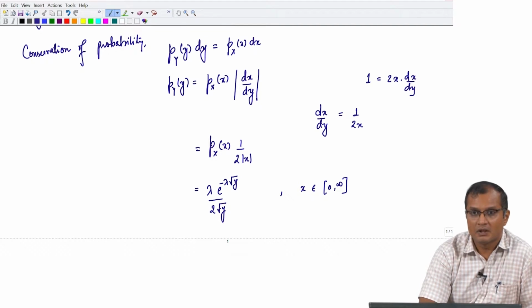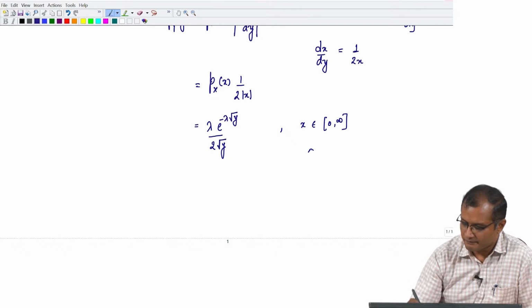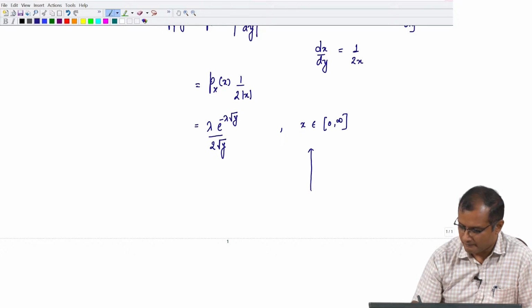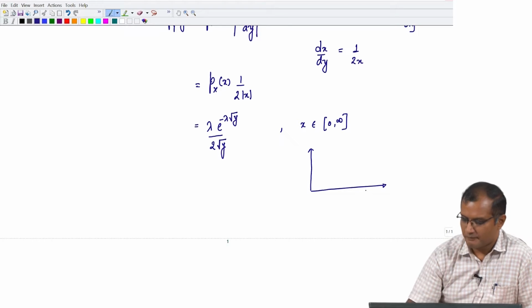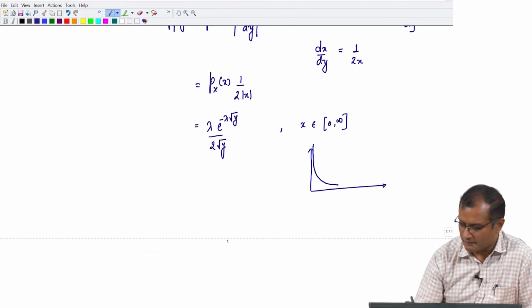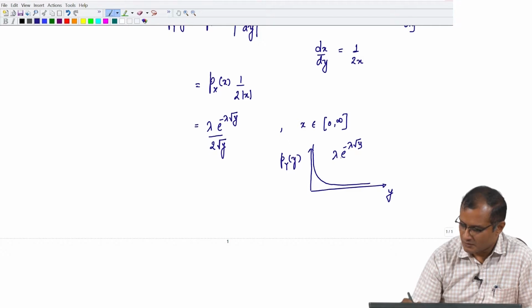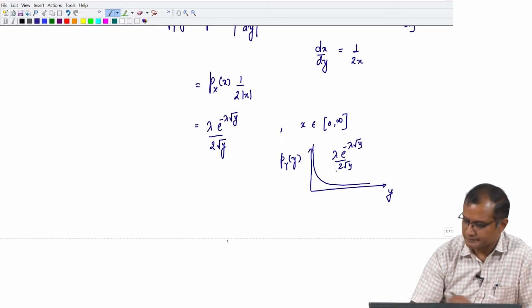Okay. So, this is going to be my PDF, and if I plot this PDF, you can see that this has a singularity at y equal to 0, because this PDF is lambda e raised to minus lambda y over 2 square root of y.